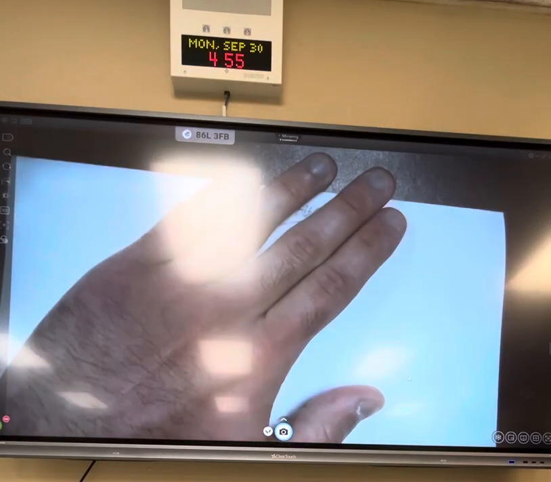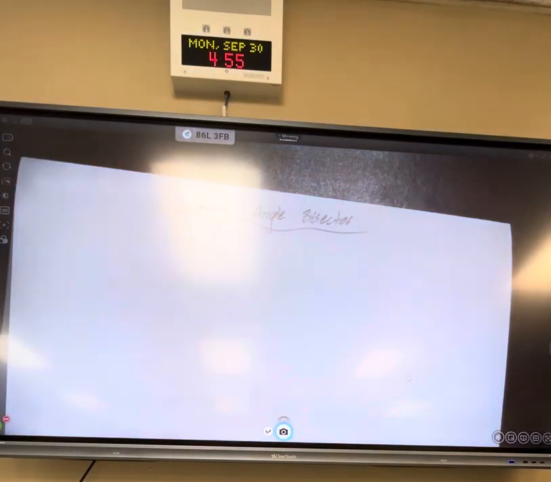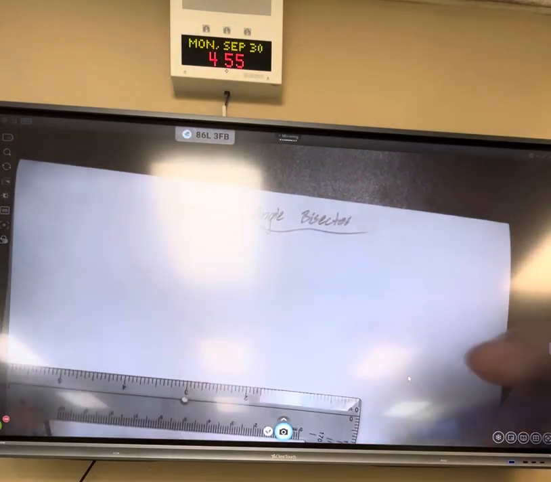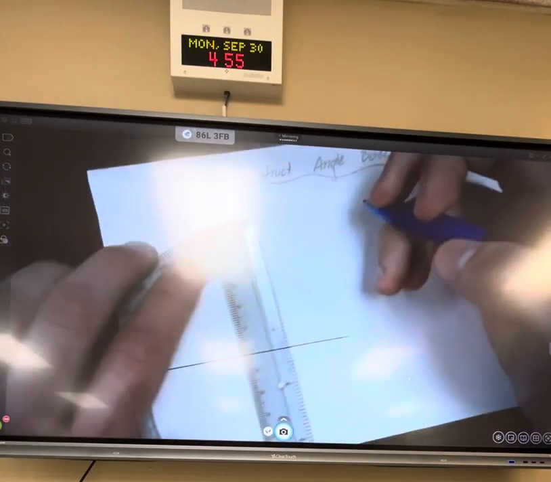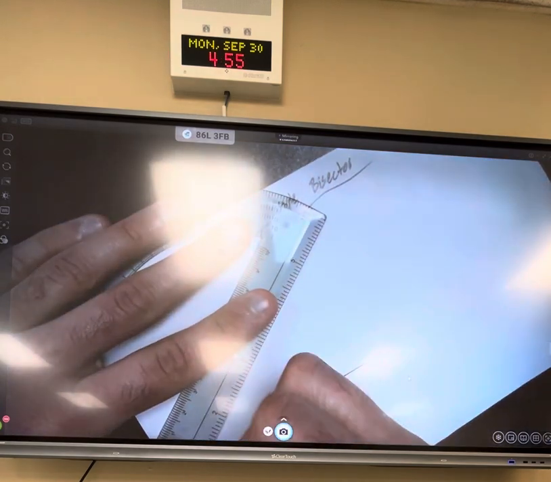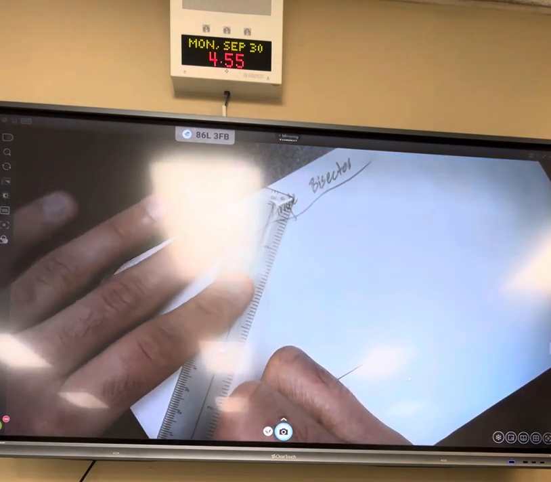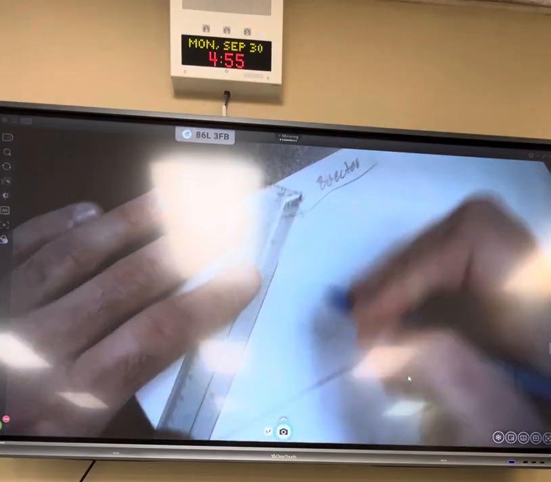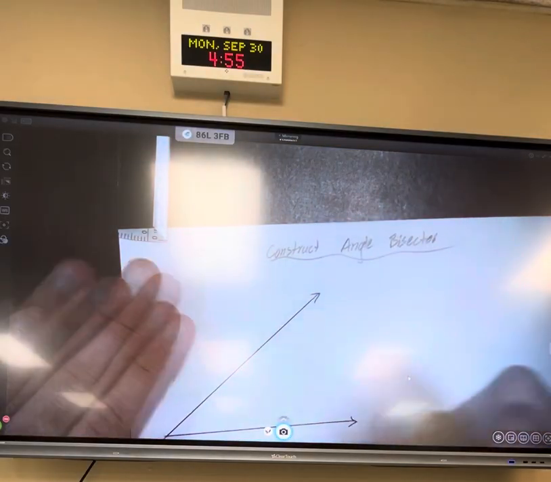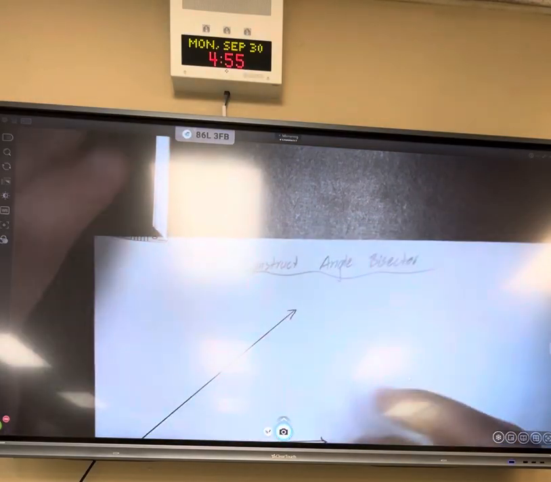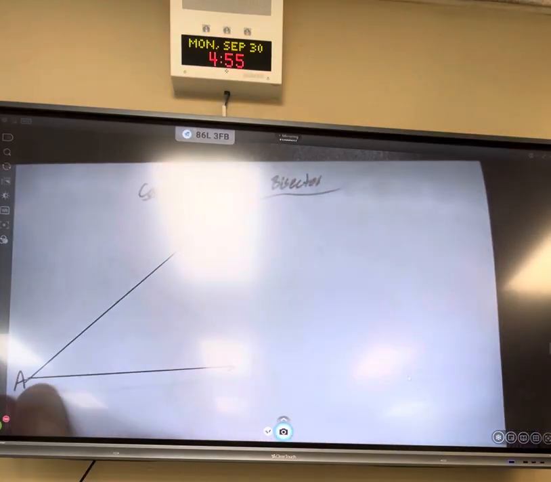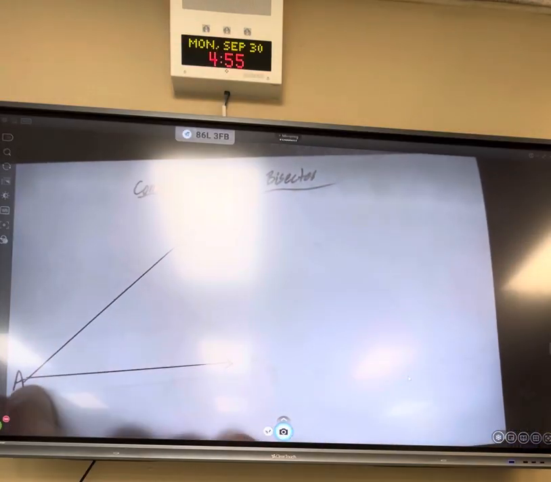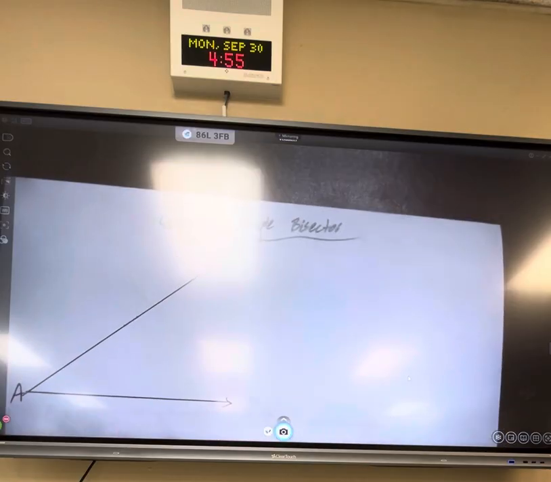So now we're going to have an angle, name it angle A. And now we want to bisect this angle, which means we're gonna make this angle, let's say if this was 100, we're gonna bisect this so we have 50-50, okay?